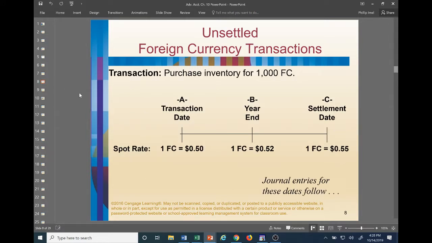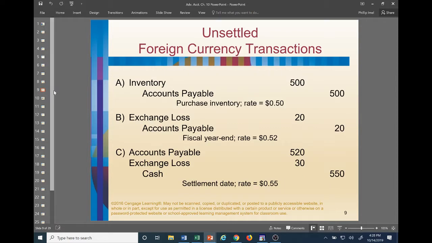So now on C, the settlement date, the spot rate at this time is one foreign currency at 55 cents. So once again, that's the settlement date. Now we're going to debit accounts payable for $520, because from A, accounts payable was $500, and we incurred the loss in B and increased accounts payable by $20, so that gives us $520.